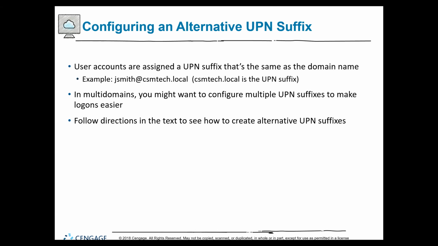I'm sorry, user principal name. So that's your prefix, which is your account name, and your suffix, which is your DNS name. So UPN is user principal name. For some reason, I was thinking it was a different one. Okay, thank you. United Paramount Network, that's another one.